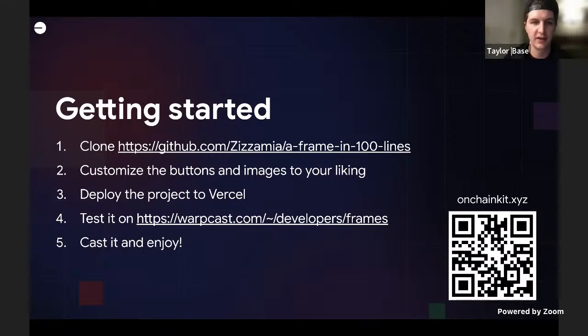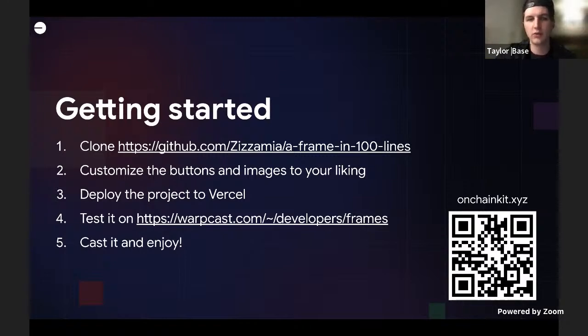So you can see it here. You can actually just clone the project, and if you want to do any customization to the boilerplate, you can do that. We have the option to modify buttons and images, and then it's very easy to deploy. If you fork the repo, you can deploy it straight to Vercel, and then you can test it on either the Warpcast embed tool, or you can cast it directly to Farcaster and test in production if you'd like.